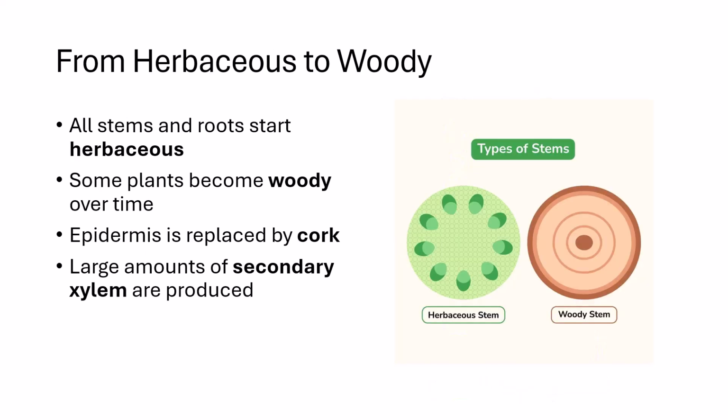Every stem and root starts out herbaceous, meaning soft and green. In woody plants, older parts of these organs change. The epidermis gets replaced by cork, and the plant produces large amounts of secondary xylem, what we usually just call wood. This makes the plant stronger and better protected.